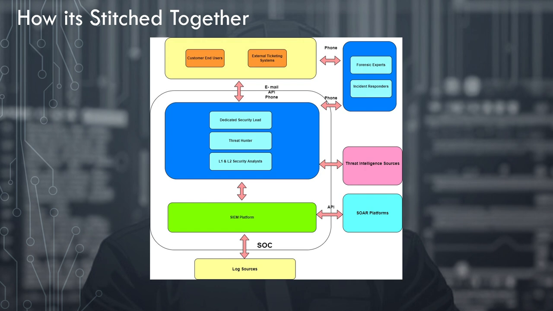And then the incident responders might need help from forensics experts to resolve the incident. At the same time, the SOC has integrations with the end users or other support teams or external customers. And this could be in the form of an email, API, or a phone call, or through an API they can link to an external ticketing system. And that's how the SOC operation works.